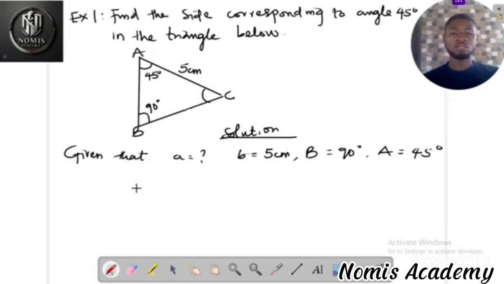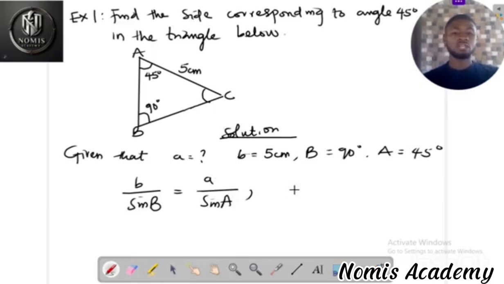So I can then come here and say b all over sine B is equal to a all over sine A. Then I will make the unknown the subject of the formula, that is making small letter a the subject.